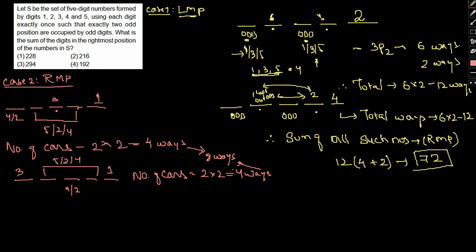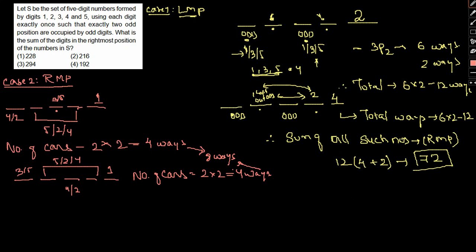Similarly, there are 8 numbers in which 1 and 5 will be in the odd position. I'm just going to replace 3 by 5, this 3 by 5 and this 3 by 5. And similarly, there will be a total of 16 ways in which 1 and 3 and 1 and 5 will be in the odd positions. And again, okay, so 3 by 5 will replace.